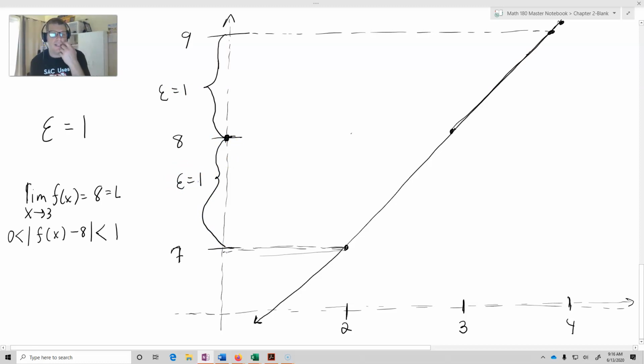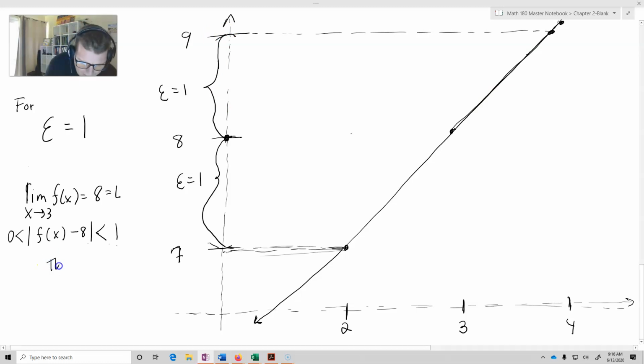So I've got epsilon equals 1 on both sides. Now I need to find a delta. For epsilon equals 1, we have 0 less than f of x minus 8 less than 1. That's this drawing right here. That goes from 7 to 9, 7 being on the lower end, 9 being on the upper end, a difference of 1.